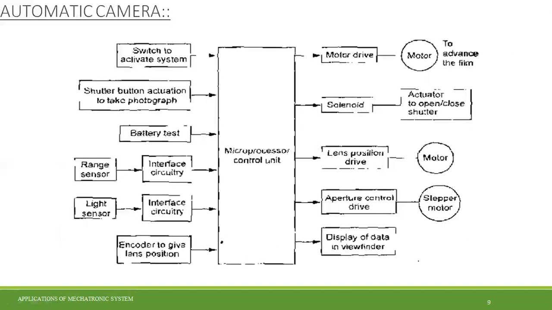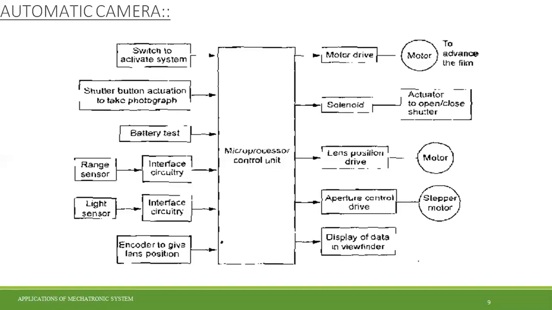Next we have one more application, the automatic camera. In the automatic camera, by initializing or giving the input signals, it will actuate the output. The grasped area has to be zoomed in and brought within the prescribed clarity, that is, pixel or resolution.